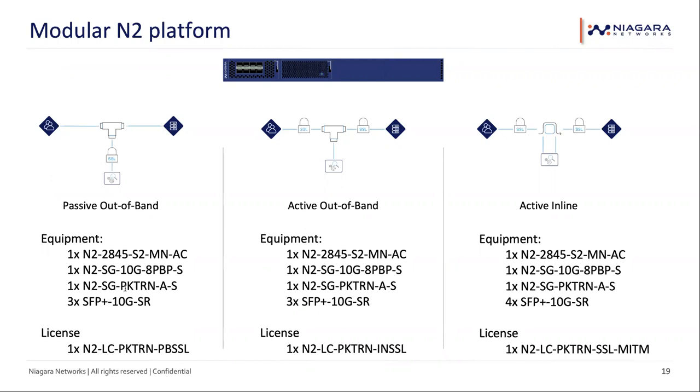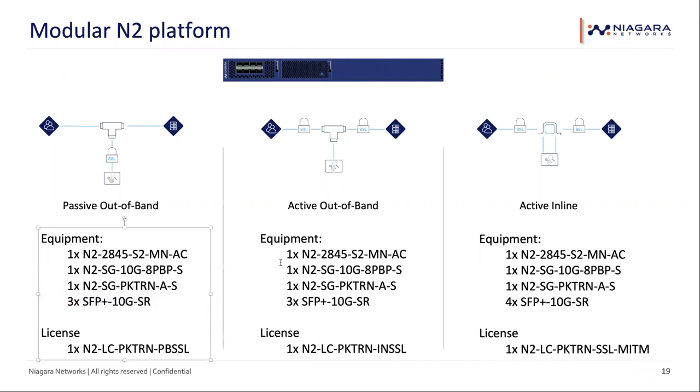So one packet broker itself, the chassis, 1 times N2, 2845 or 2847. In this case, an 8-port packet broker module. So that's what you see here. The Packetron, a couple of SFPs to connect your appliances, and a decryption license.